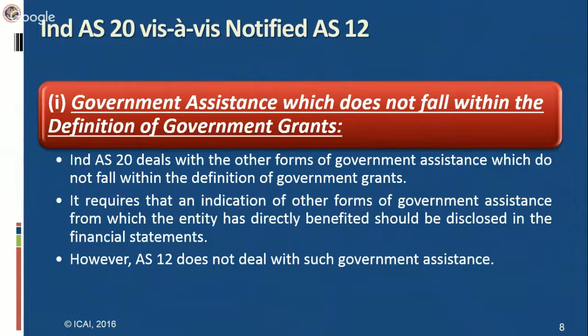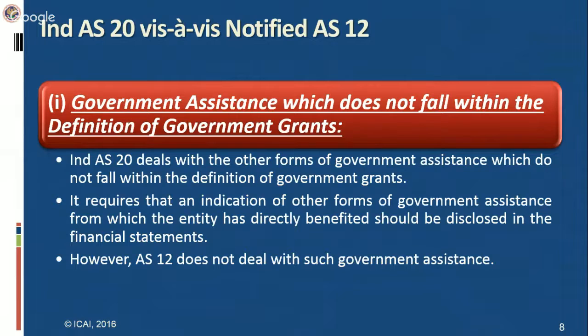So Ind AS 20 states that government assistance is action by government designed to provide an economic benefit specific to an entity or range of entities qualifying under certain criteria. Government assistance for the purpose of this standard does not include benefits provided indirectly through actions affecting general trading conditions.